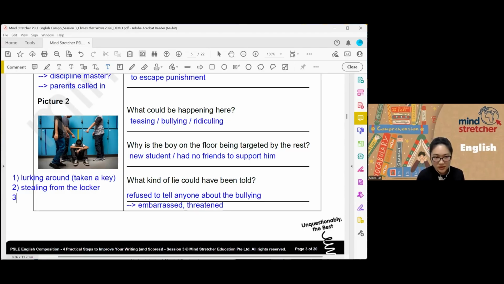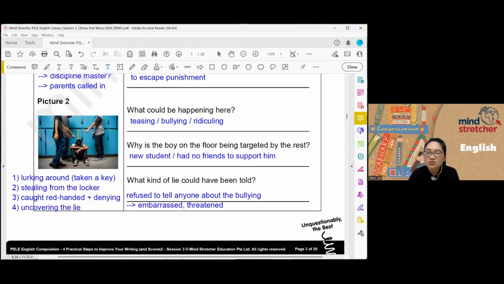Caught red-handed and denying it. No, I didn't. Someone passed me this key. He allowed me to look through. Okay, so lying. Uncovering the lie.